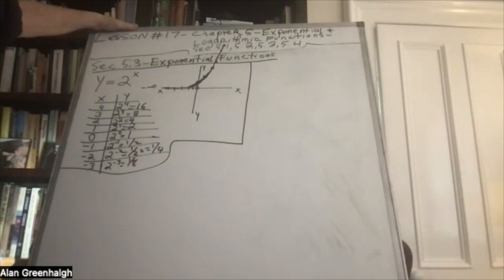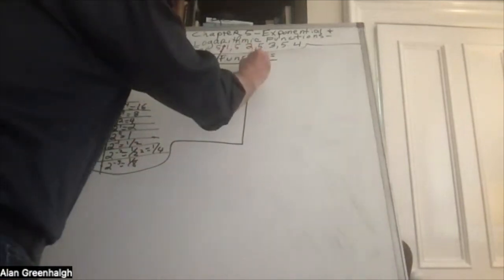It hits 1 at the y-axis, and then suddenly shoots up like crazy. That's what an exponential function is. There are some situations where that's true. But let me continue for a moment.